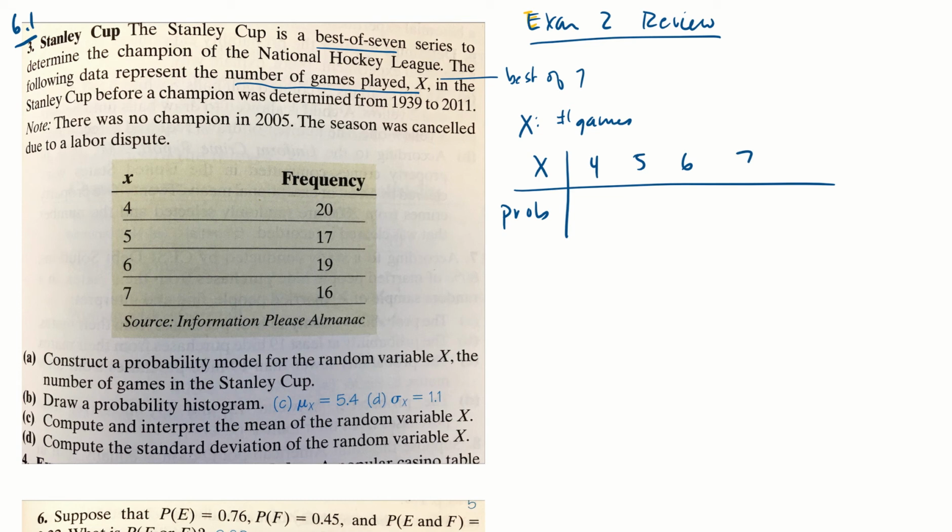And now we've got to get the probability. Well, we've got to add up how many do we have here. So let's see, 20 plus 17 plus 19 plus 16 is 72.